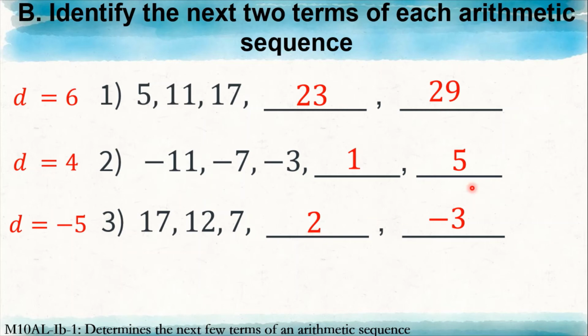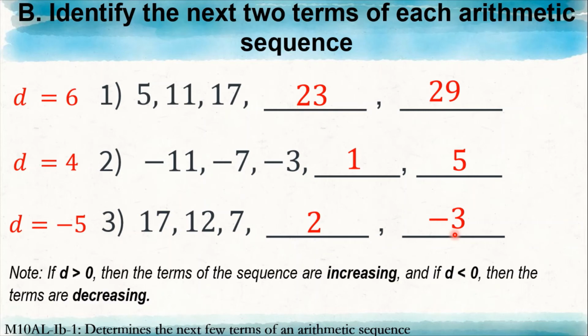So, pansinin ninyo, kapag ang difference or common difference natin ay positive, anong nangyayari sa values ng terms ng sequence? Pataas ang values. Okay, kapag ang common difference ay negative, pababa naman ang kanyang value. So, pwede natin gawing technique yon sa pagkuha ng common difference.